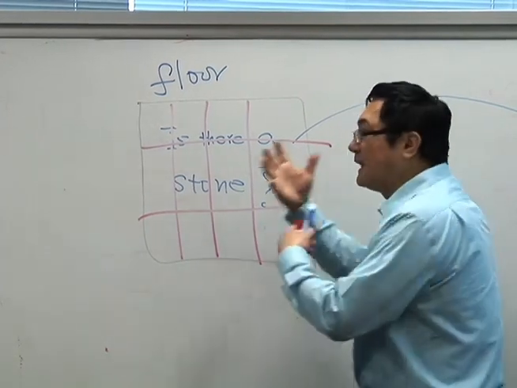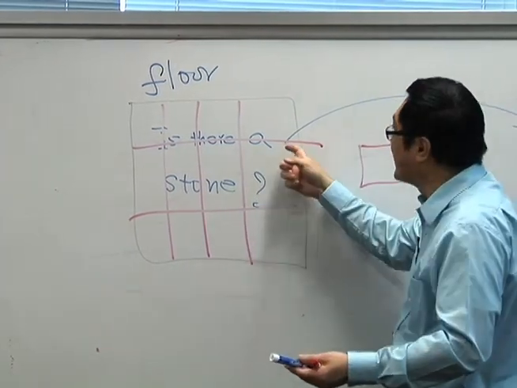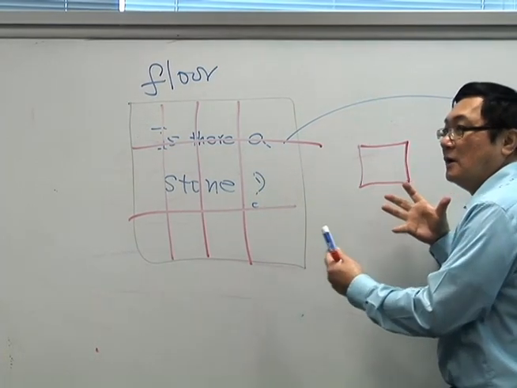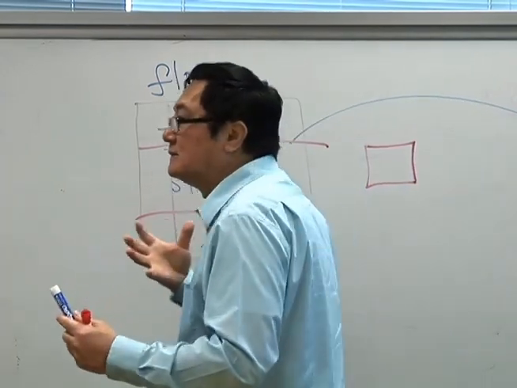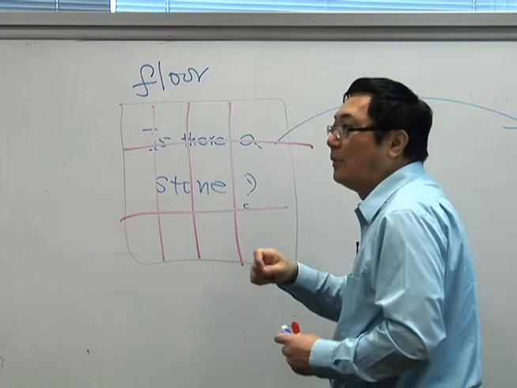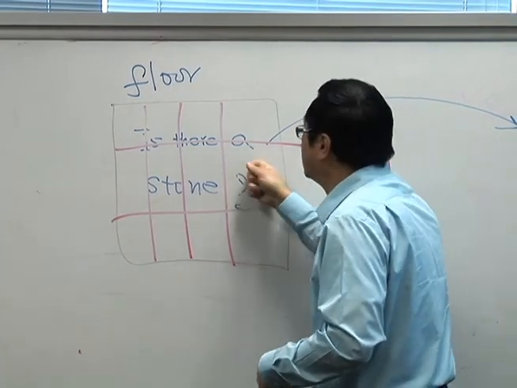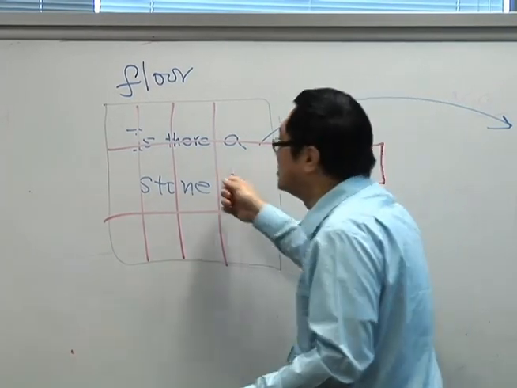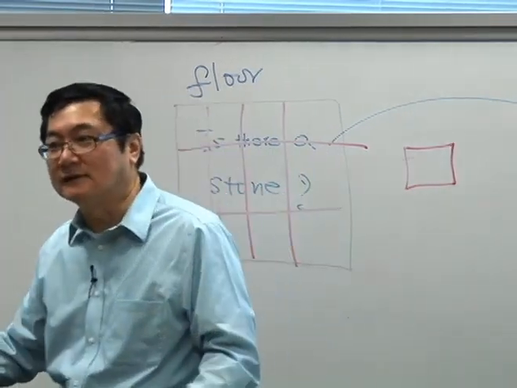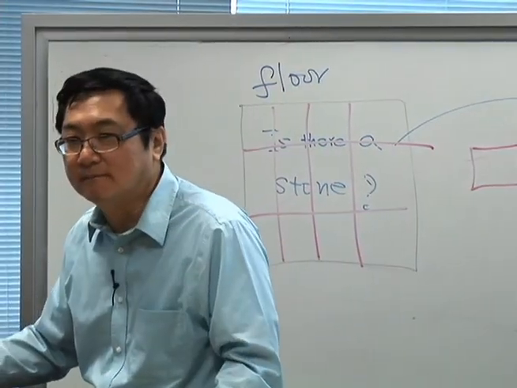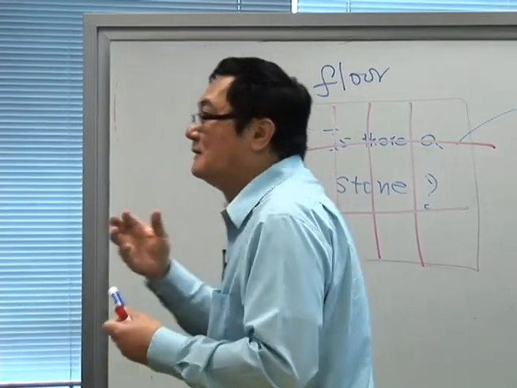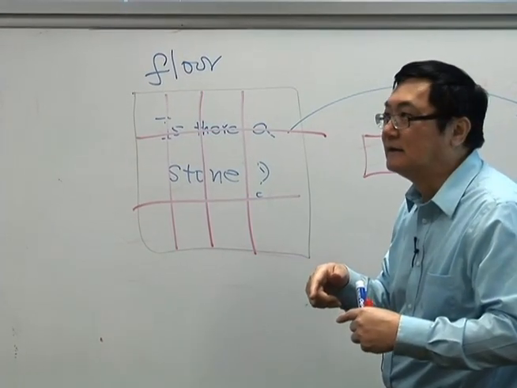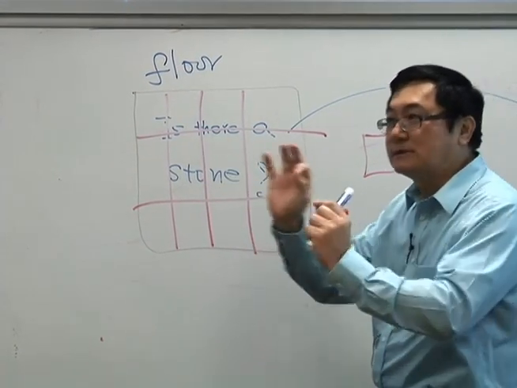Okay, so then is there any relationship between the size of each cell and the size of the stone, so that if I randomly select one point from each cell, and I find that there is no stone in each cell, then I can guarantee you that there is no stone on the floor. So I have to carefully decide the size of the cell, right?